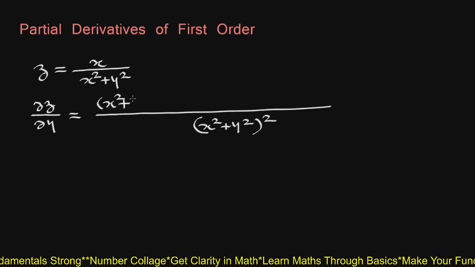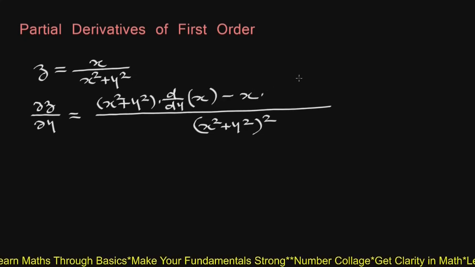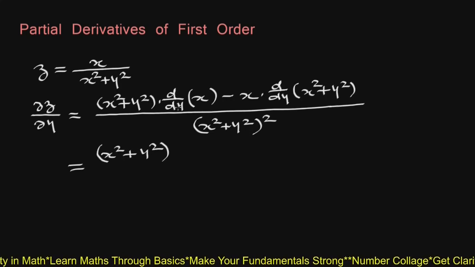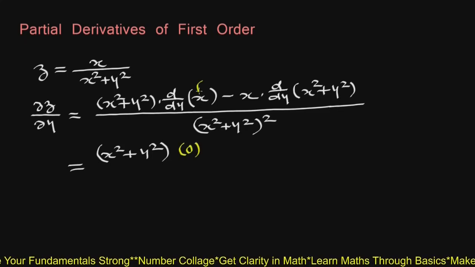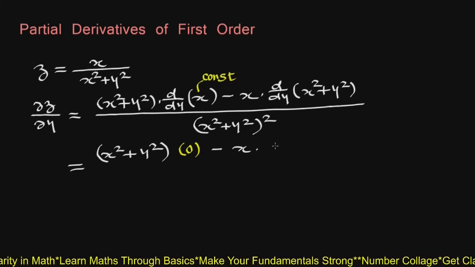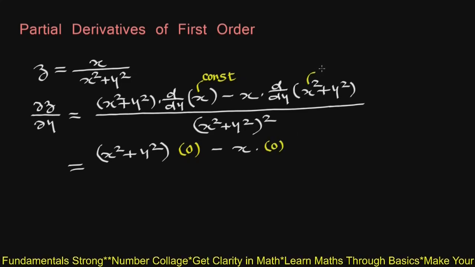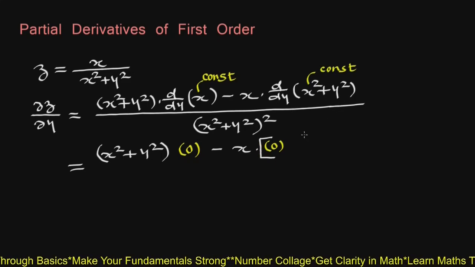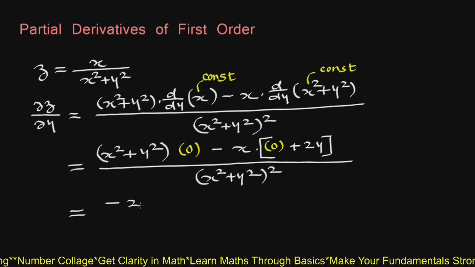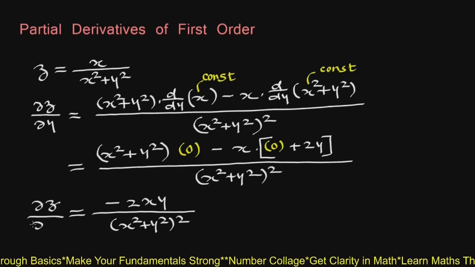In the numerator: (x² + y²) into d/dy of x, minus x into d/dy of (x² + y²). (x² + y²) times d/dy of x is 0 because x is constant, minus x into d/dy of (x² + y²). First, d/dy of x² is 0 because x² is constant, plus d/dy of y², which is 2y, upon (x² + y²)², minus 2xy upon (x² + y²)². This is ∂z/∂y.